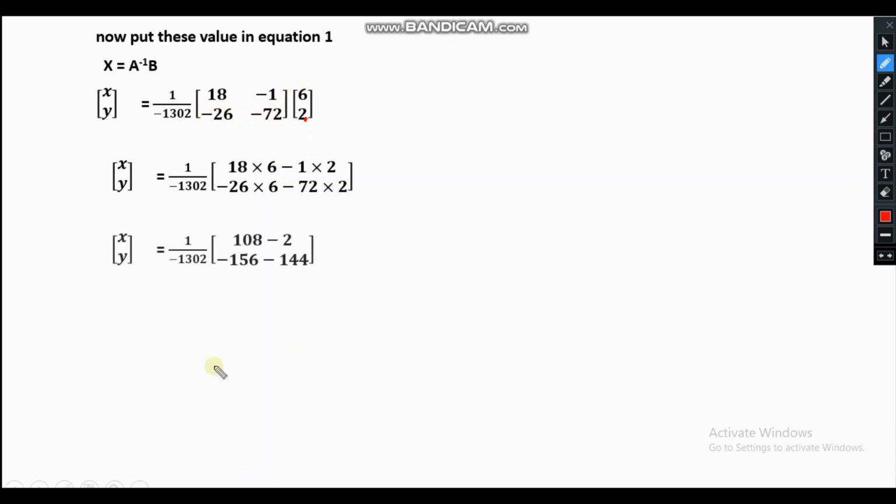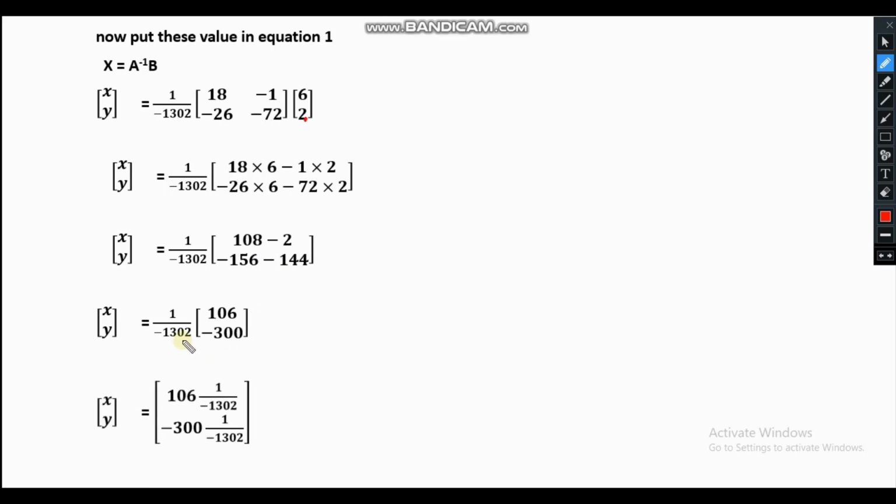Now again simplify. 18 multiplied by 6 is 108, minus 2 ones are 2. 26 multiplied by 6 is 156, and 72 multiplied by 2 is 144. Now again simplify this equation. 1 divided by minus 1302, and 108 minus 2 is 106, and 156 minus 144 is 12.